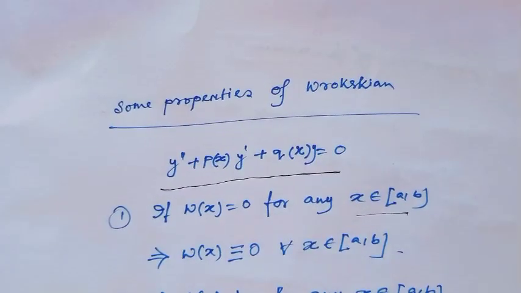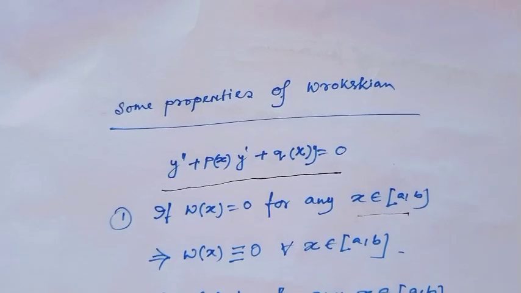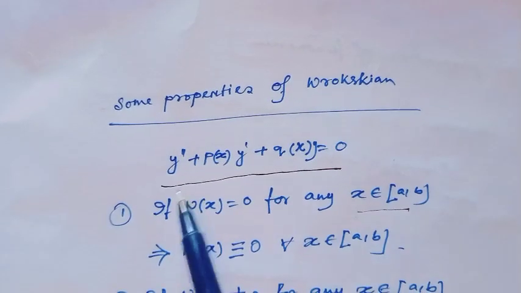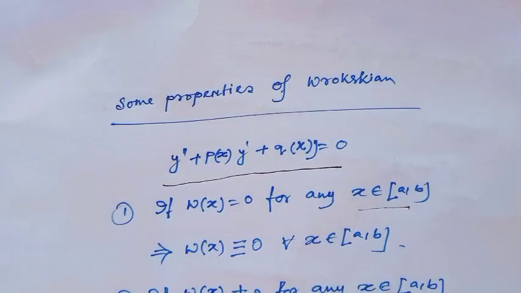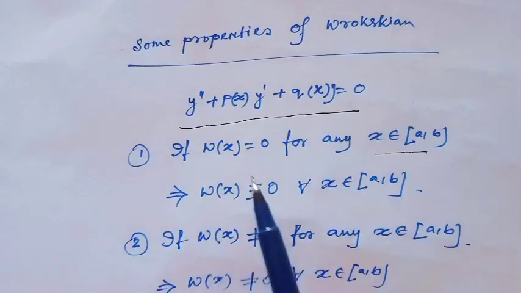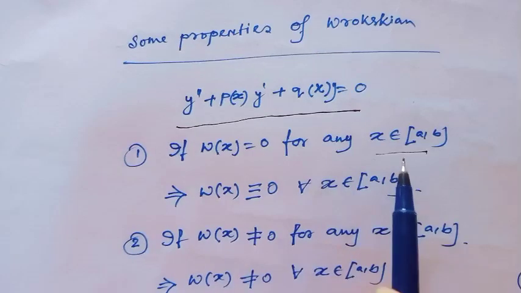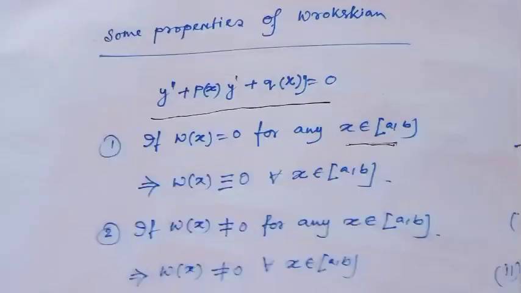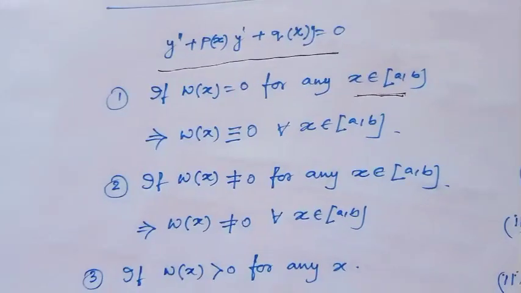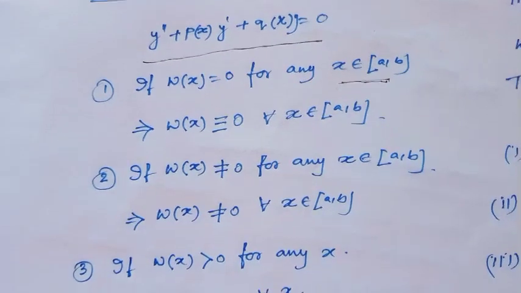Now I will see some important properties of the Wronskian. Consider a second order differential equation. Option 1: if the Wronskian at some x in (a, b) is equal to 0, that implies the Wronskian is identically 0 for all x in (a, b).